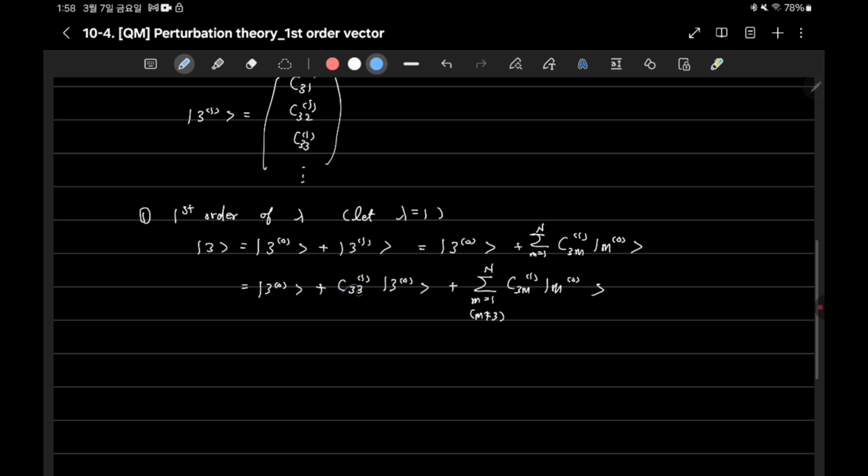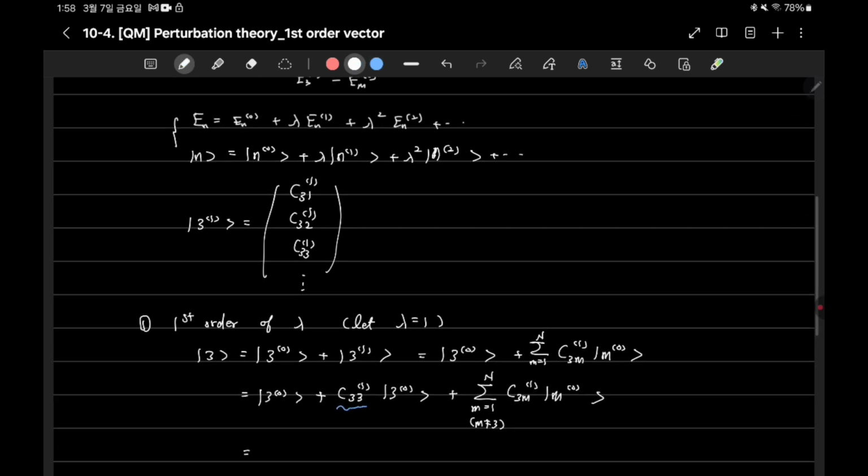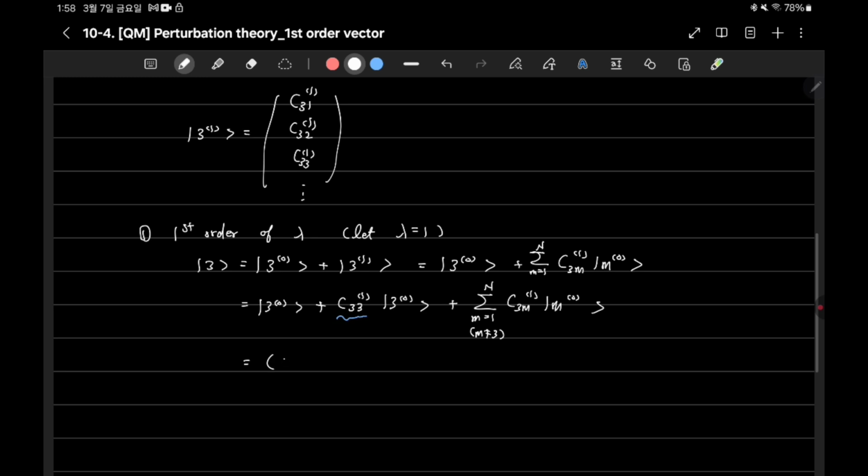Actually, we do not know this coefficient, but don't worry about that. And also in this case, (1 plus C33 first) times 30 plus the summation of M from 1 to N, where M is not equal to 3, of C3M first M0.